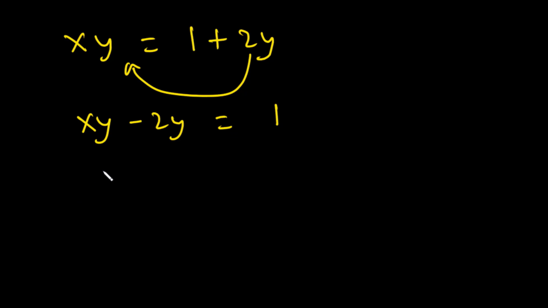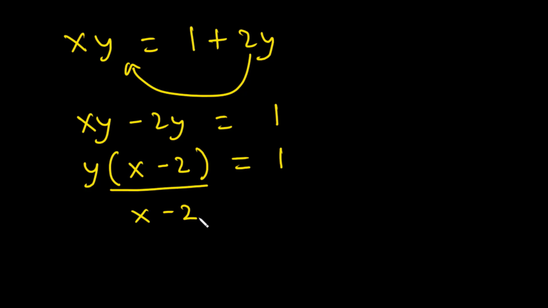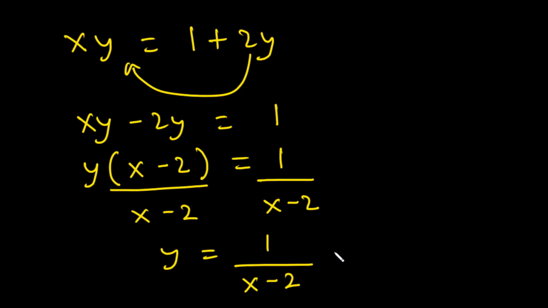And then we factor out y. So we have y on the outside, and then (x minus 2) inside the bracket, which is equal to 1. And then we divide both sides of the equation by x minus 2. And then we have y equal to 1 over (x minus 2). So y, which is equal to 1 over (x minus 2), becomes the inverse of the function f of x.